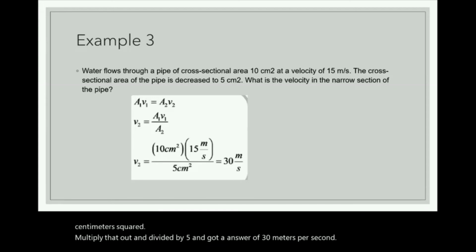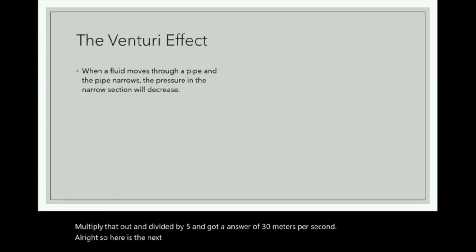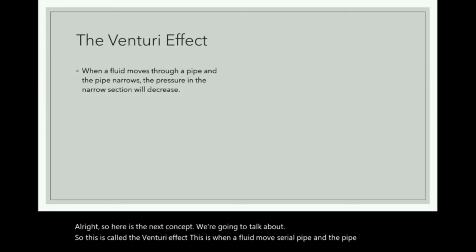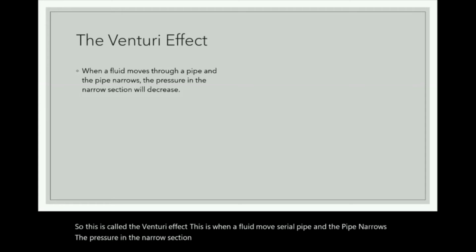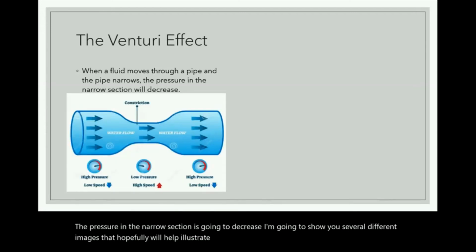All right, so here is the next concept we're going to talk about. This is called the Venturi effect. This is when a fluid moves through a pipe and the pipe narrows, the pressure in the narrow section is going to decrease. I'm going to show you several different images that hopefully will help illustrate that. So in this one, you'll notice I've got this part over here on the left-hand side is much wider.